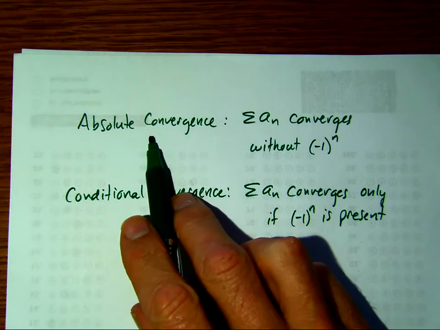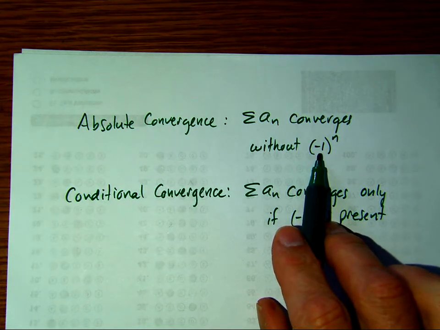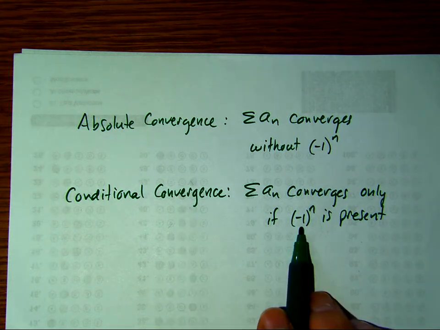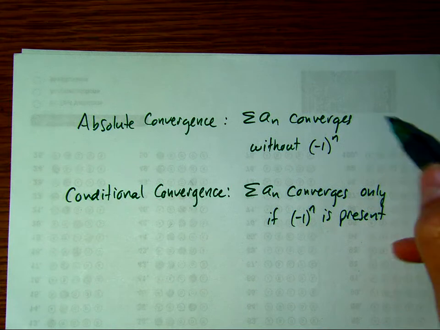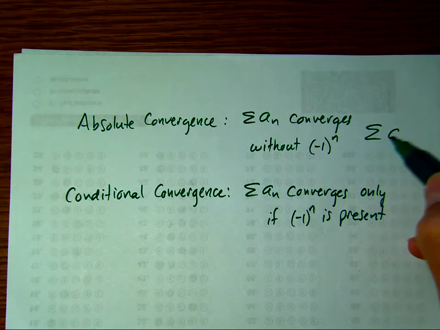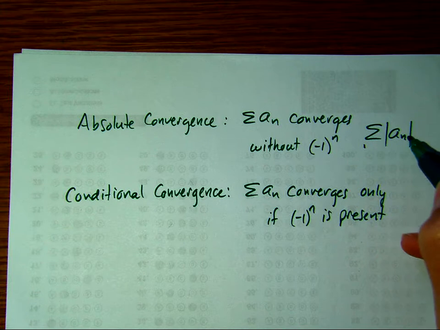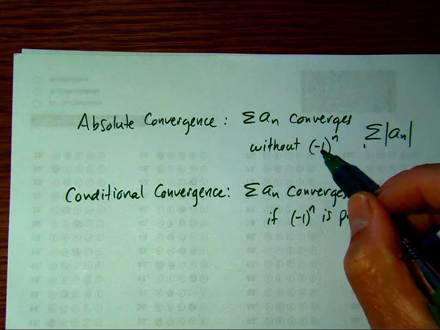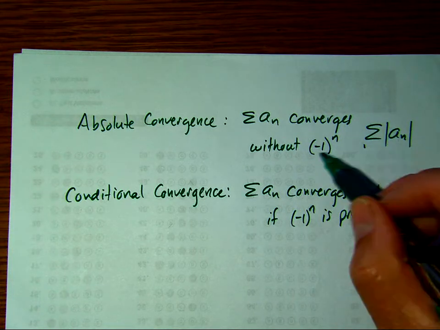Absolute convergence means it converges if you ignore the -1 to the n, and conditional convergence requires that the -1 to the n is there. Another way of saying this is the sum of the absolute value of the sequence. The absolute value gets rid of the negative, and then we could see it would have to converge without the negative.